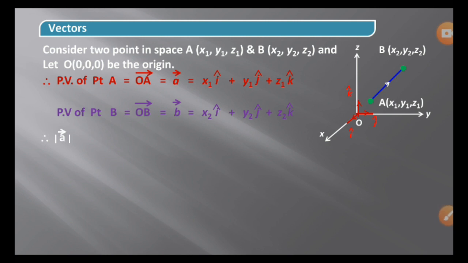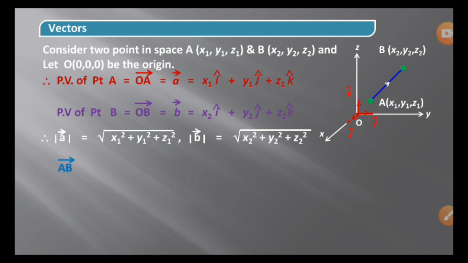Then the magnitude of vector A we can write as the square root of x1 square plus y1 square plus z1 square, as we have seen from the previous slide, by using the distance formula. Similarly, the magnitude of the vector B will be square root of x2 square plus y2 square plus z2 square.